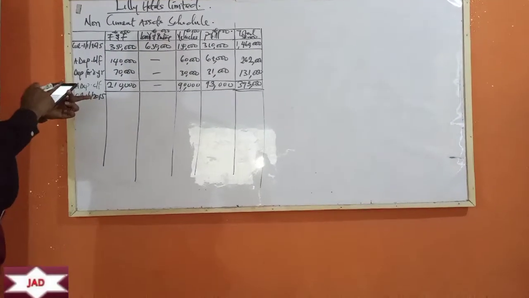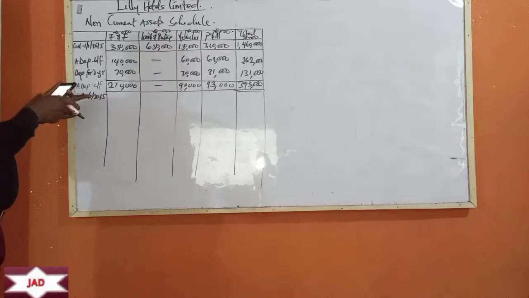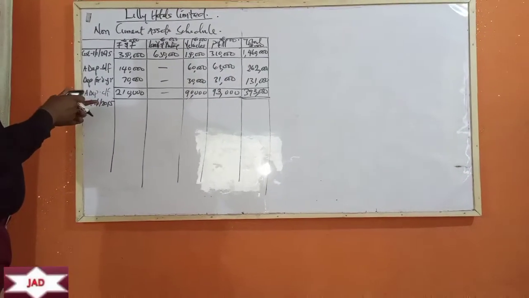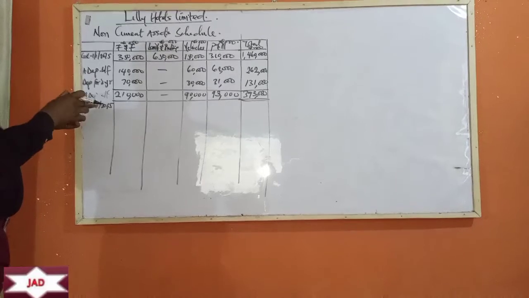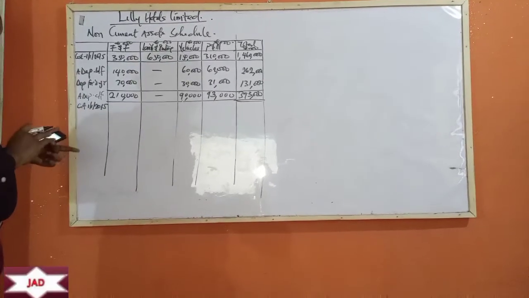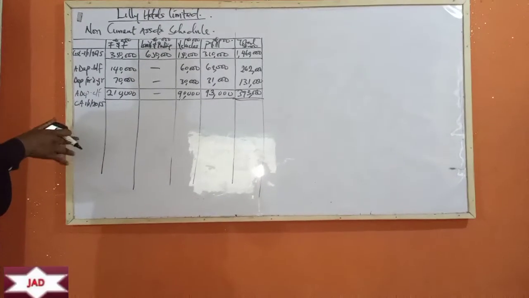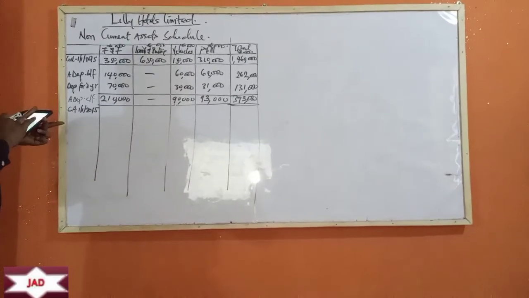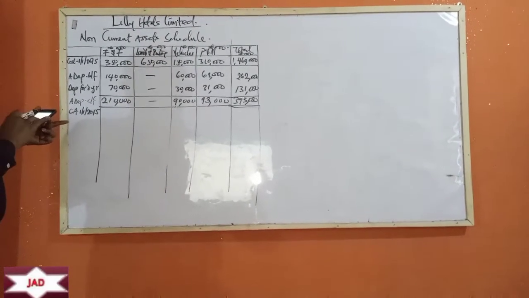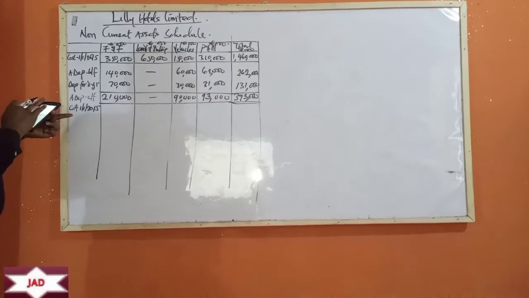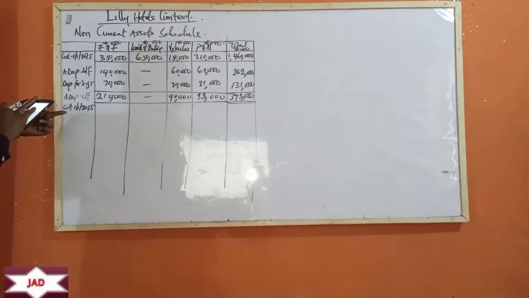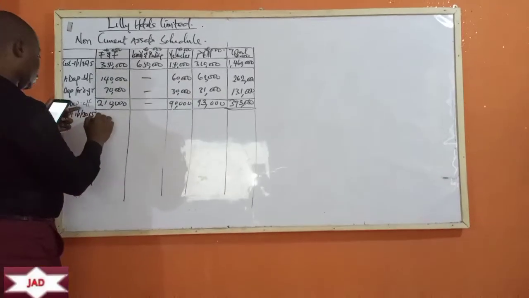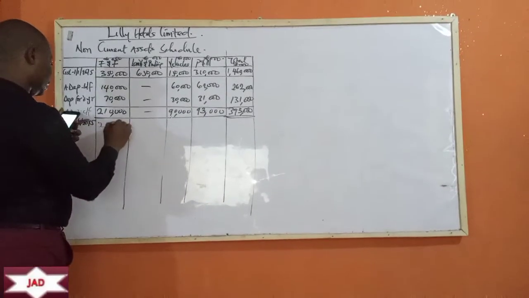So let's go now. 350,000 minus 140,000. So this will be 210,000.